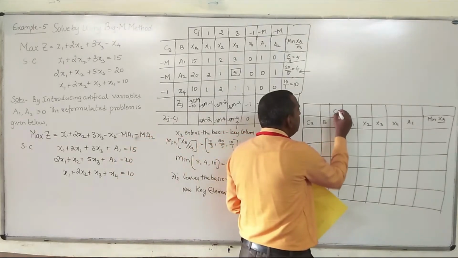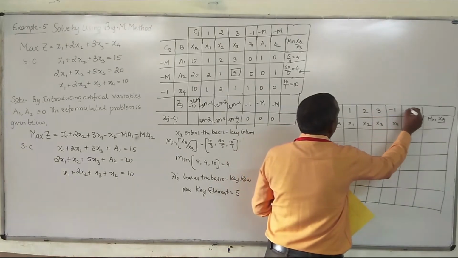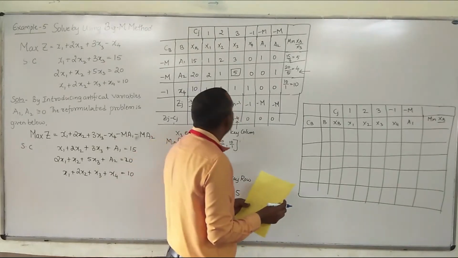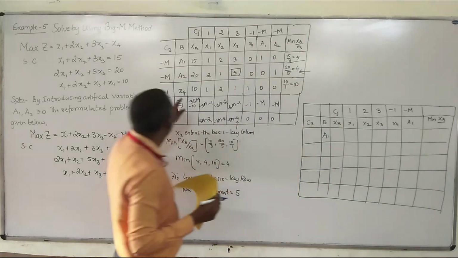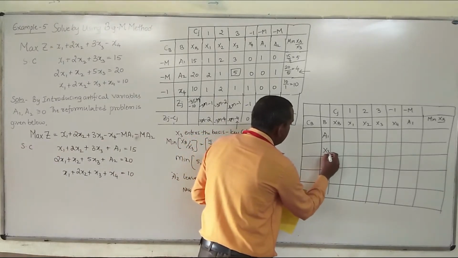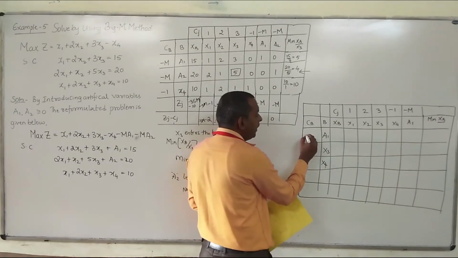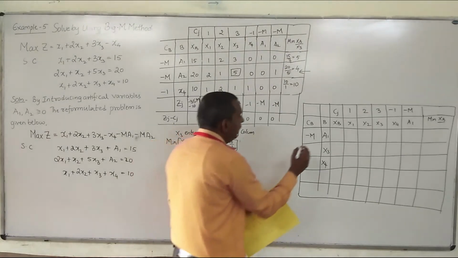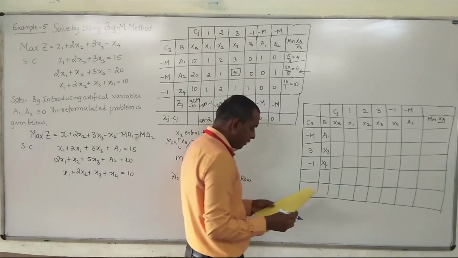Next comes Cj. It is 1, 2, 3, minus 1, minus m. So what leaves the basis here? A1 is still in the basis, but in place of A2, X3 enters the basis. What is the coefficient of A1? That is minus m. The coefficient of X3 is 3, and the coefficient of X4 is minus 1.